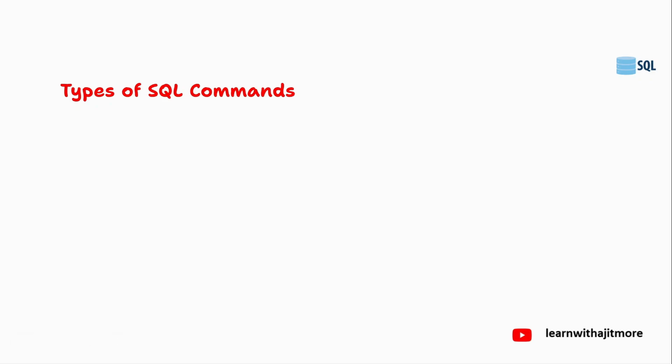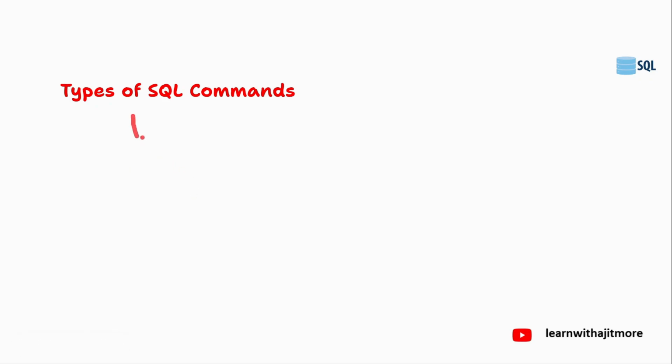If you're learning English or Hindi, there also they categorize statements, like personification, irony, whatever. Some statements you write with a question mark, some with an exclamation, some you complete with a dot, some you put in double quotes. So SQL is also a language, therefore they have also categorized their commands.